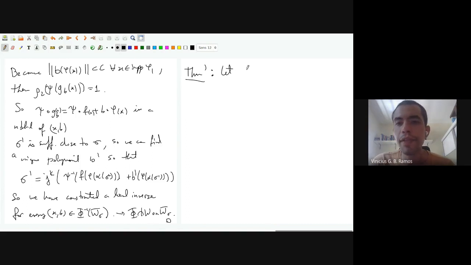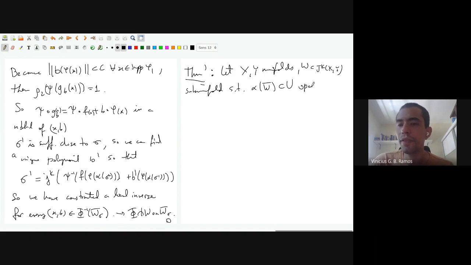So let X and Y be manifolds, and let's take a submanifold W bar of the jet space such that alpha of W bar is contained in U, an open set.